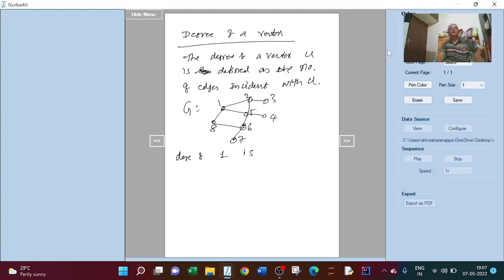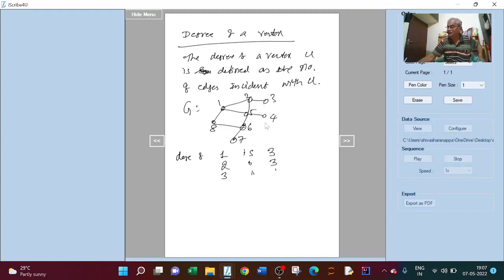How many edges are incident with 1 here? 1 edge, 2 edge, 3 edge. Therefore, degree of 1 equals 3. What about degree of 2? Here also 1 edge, 2 edge, 3 edge. That is, 3 edges are incident. Therefore, its degree is equal to 3. And coming to vertex 3, this vertex is incident with only 1 edge. Therefore, its degree equals 1.